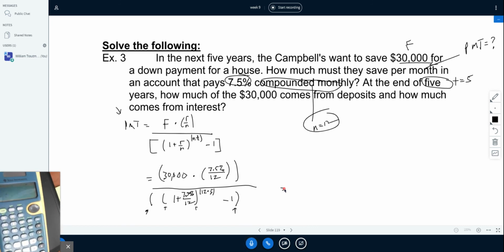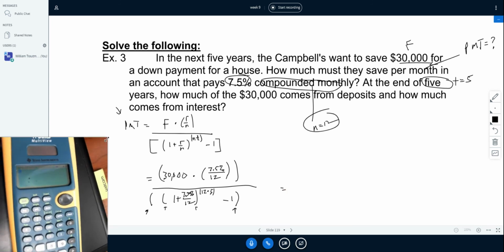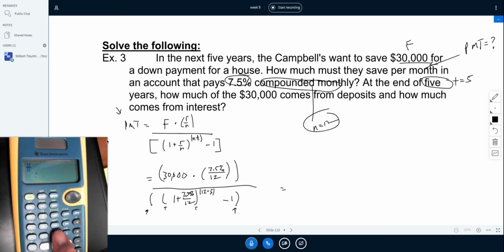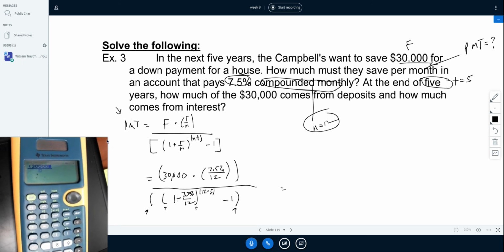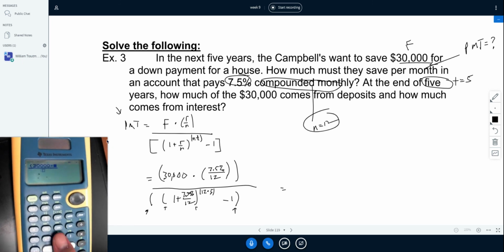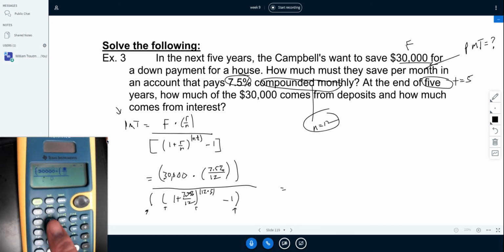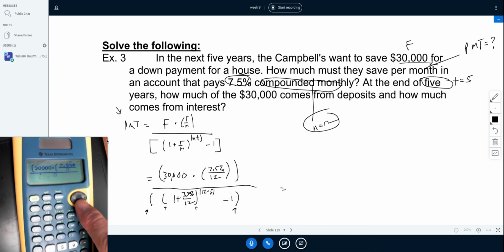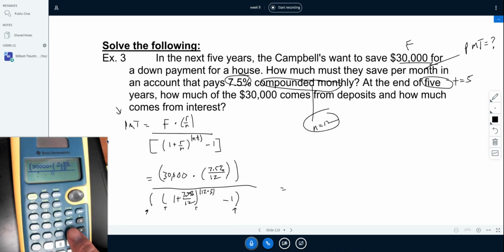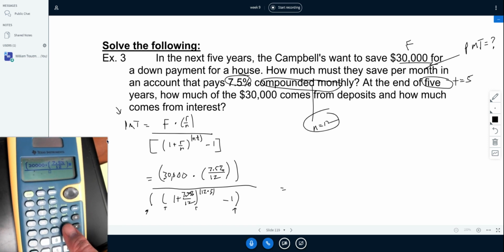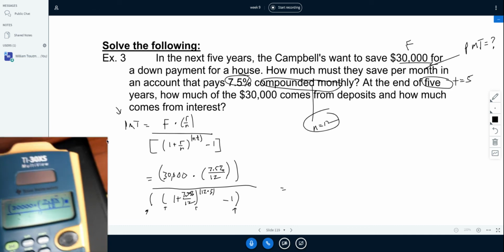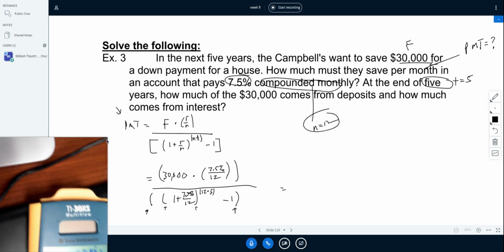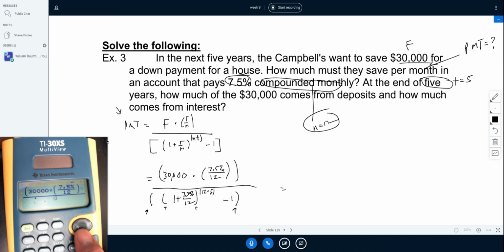So first I type in a fraction, and I type in a parentheses with 30,000 times a parentheses with a fraction, 7.5% over 12, arrow over to do my parentheses. And I'm looking at that formula. There was no power for the top. So I go down to the bottom.